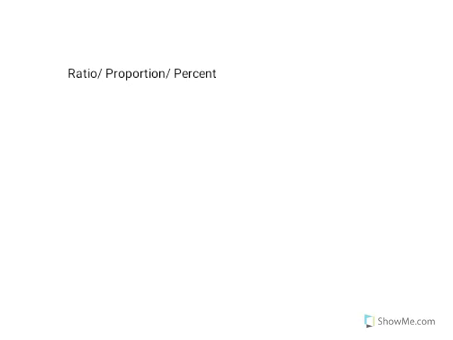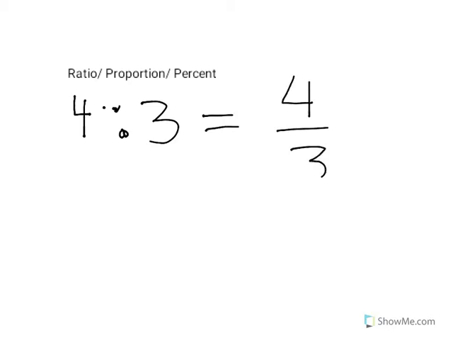So if I had, say, 4 apples and 3 oranges, the ratio between those apples could be written as 4:3, like this. Or I could just as easily write that equivalently as a fraction like this, 4 apples to 3 oranges. Okay, so that's one way of doing it.